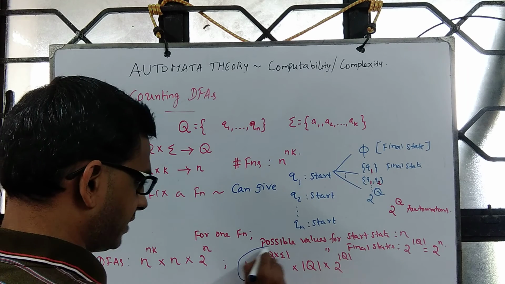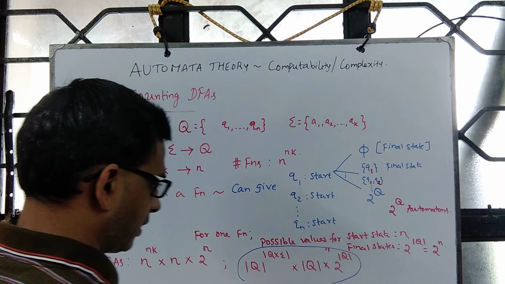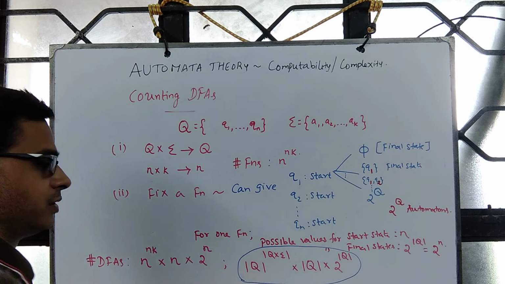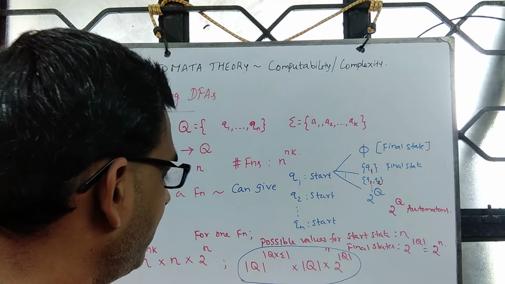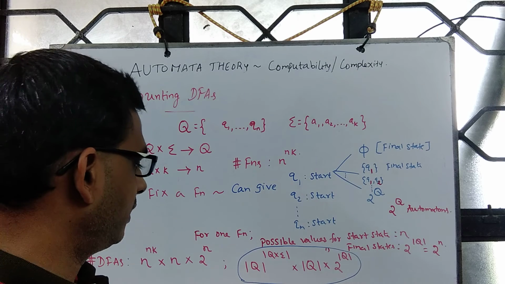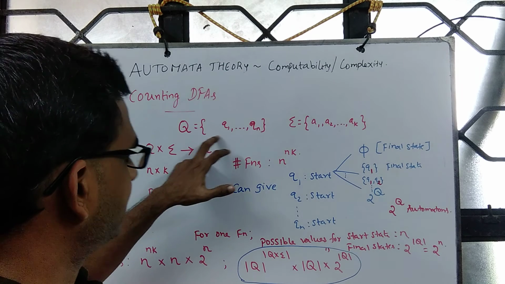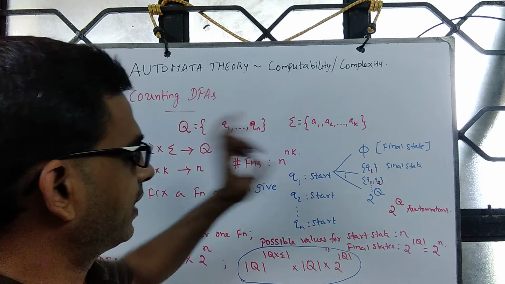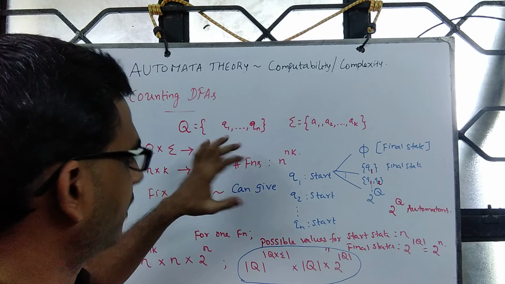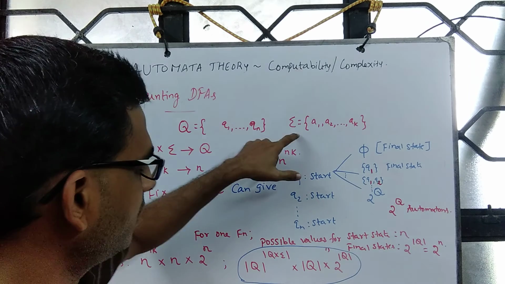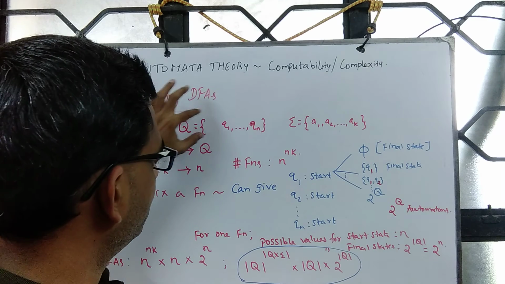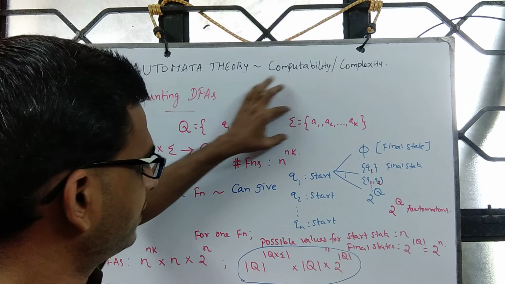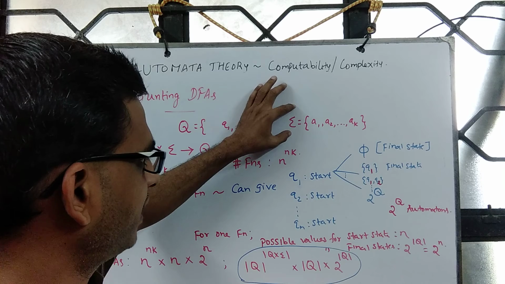So this is precisely our count, the number of DFAs possible on Q and sigma. So you have n states and k symbols.